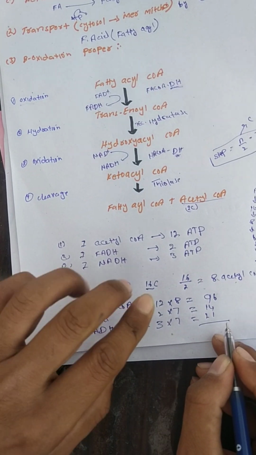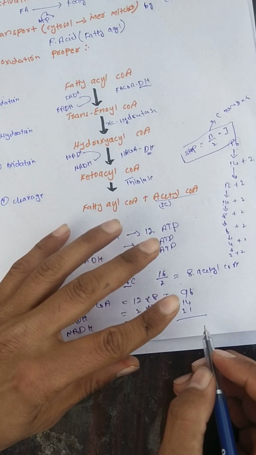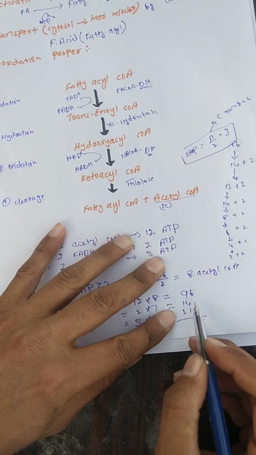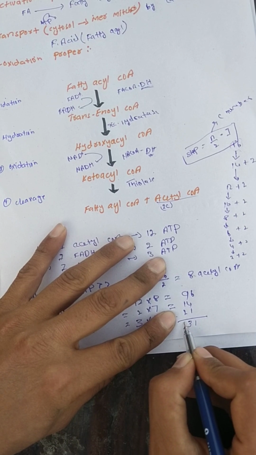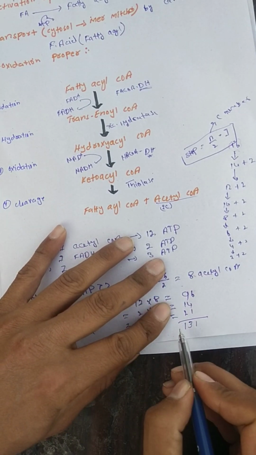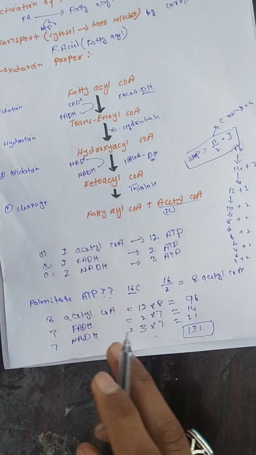If we count the total ATP we get from palmitate, this is equal to 131. So we get 131 ATP from the degradation of 16 carbon palmitate.